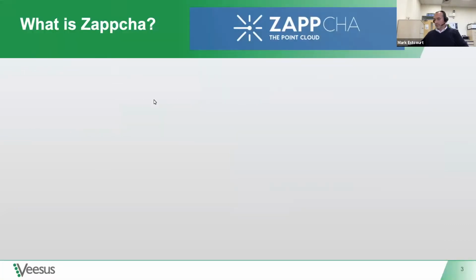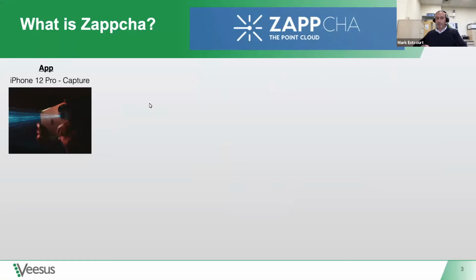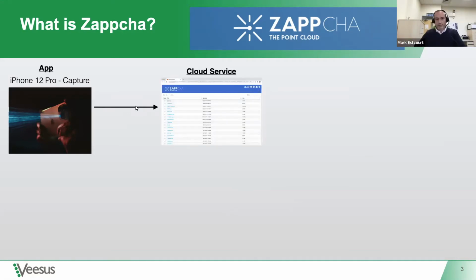Okay, so what is Zappcha? Well, firstly, it's an app. The app is available to people who have an iPhone 12 Pro for the capture. So you can go off and capture data with an iPhone 12. It is also a cloud service. So it's not just an app, it's not just a cloud service, it's both of those things.